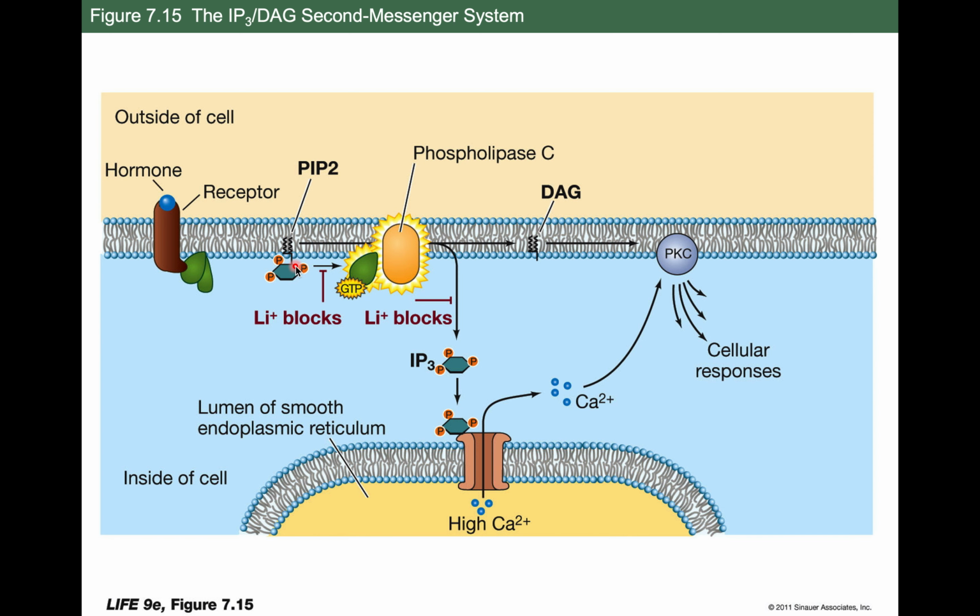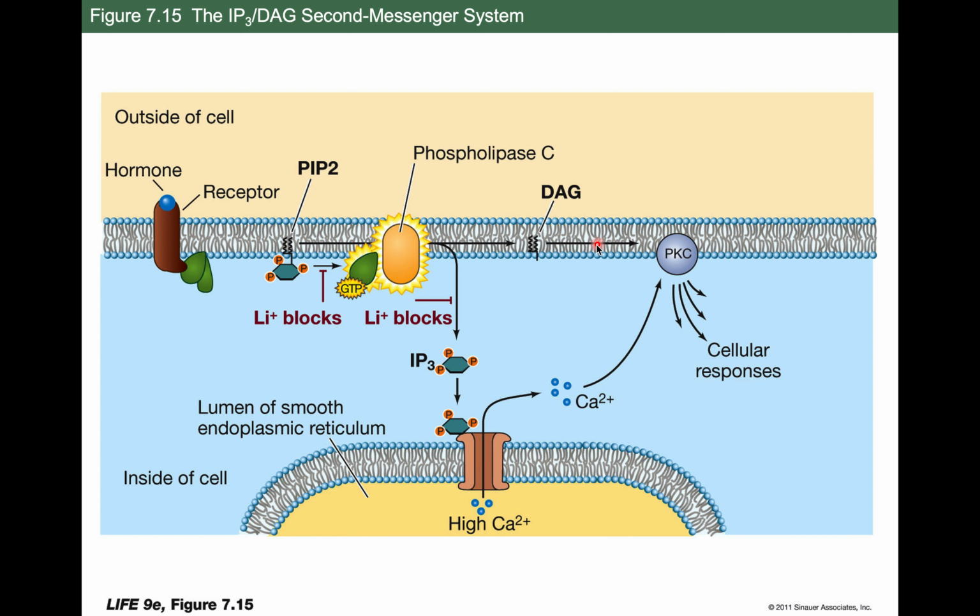And PIP2 is split by this enzyme called phospholipase C. So if phospholipase C becomes activated, it will split PIP2 into these two halves. The half that's now cut loose into the cytoplasm becomes IP3, and the half that's still embedded in the membrane becomes DAG. And both of those are now considered second messenger molecules.